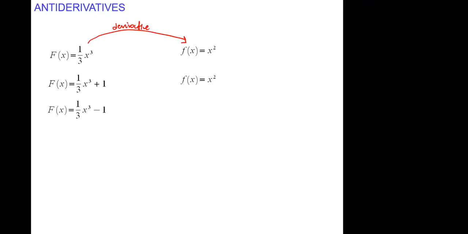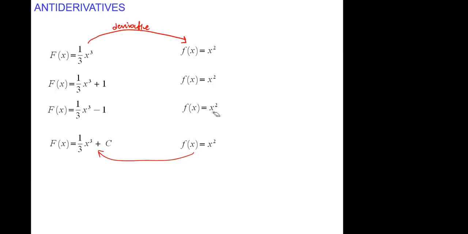What is the derivative? Of course, the same. Thank you, Maria. You can see, probably I have a point. If I take the function 1/3 x cubed plus any constant, I will have x squared.